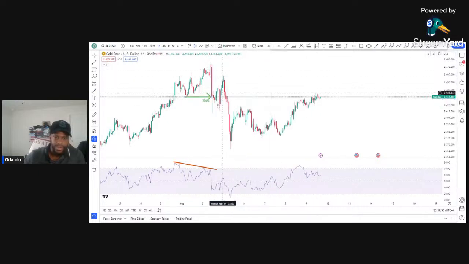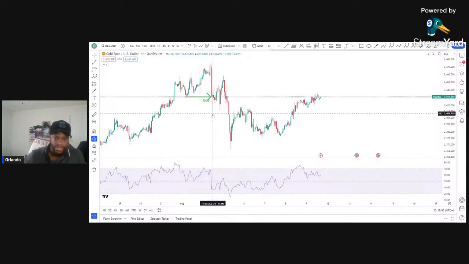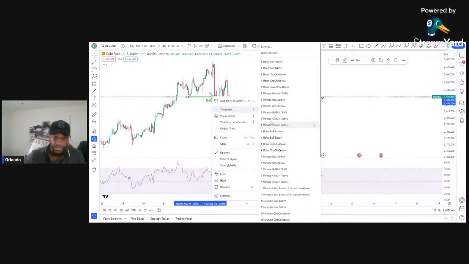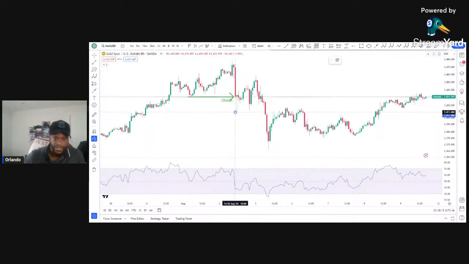So 1 hour break structure below, and then you can see how price created a low, came back up, did the supply zone, right? Created a lower high, and went down, broke structure, and did what? Created a new low. So this will be a change of character. Okay, this is supposed to be a break of structure. All right.